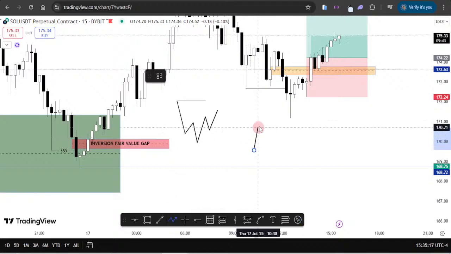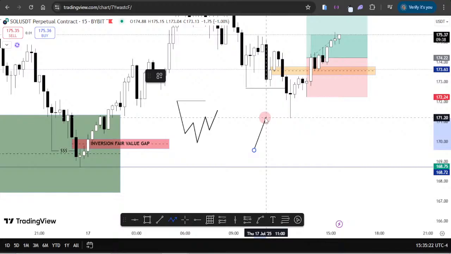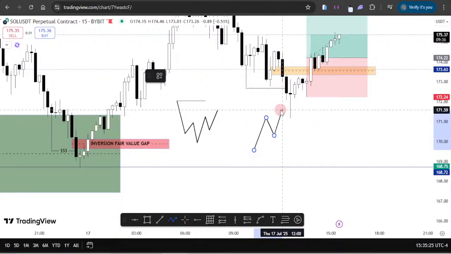In a bearish scenario, we are going to see something like this. Once there is a high taken, there's a fair value gap formed here. So this fair value gap here, and price breaks this high, it comes down.